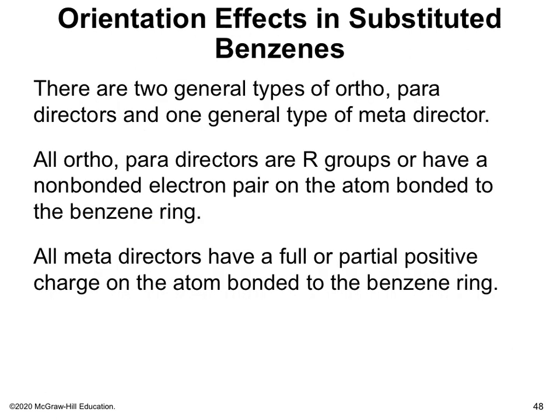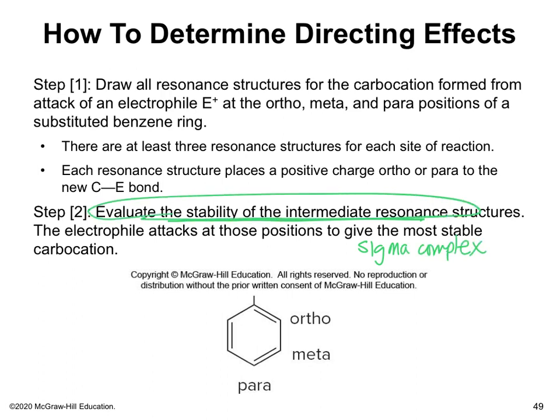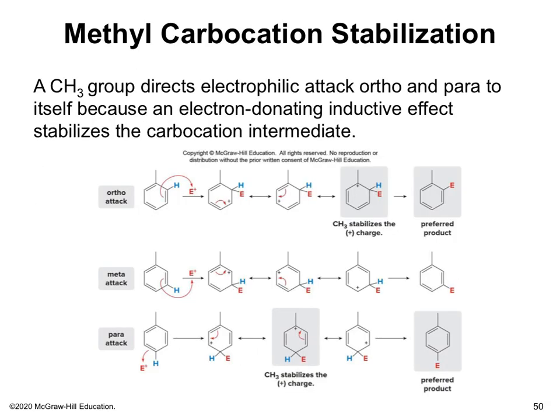So now, talking about ortho-para directors versus meta directors and why. You draw your sigma complex, and then to explain why, you evaluate the stability of the intermediate sigma complex. Here, if you have toluene, which you know is an ortho-para director, these are the preferred products.